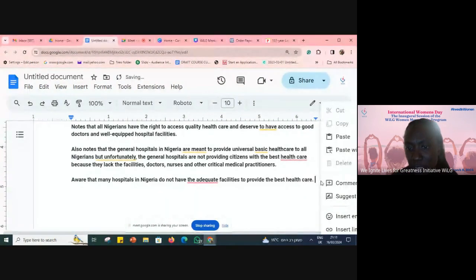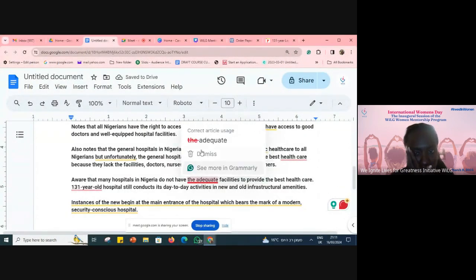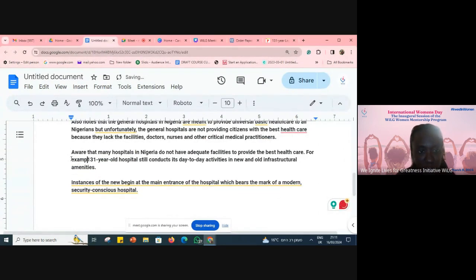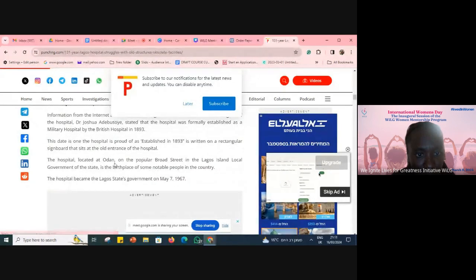So we're trying to give an example. For example, the hospital in Lagos located at, let's get the name of the hospital. Where is it located? Aha.